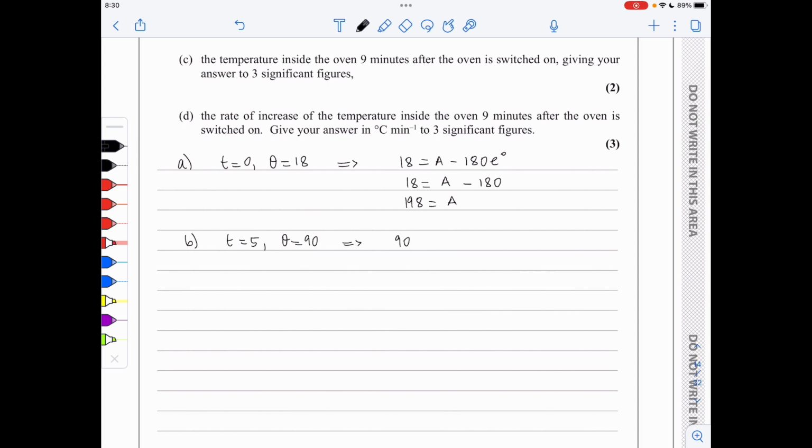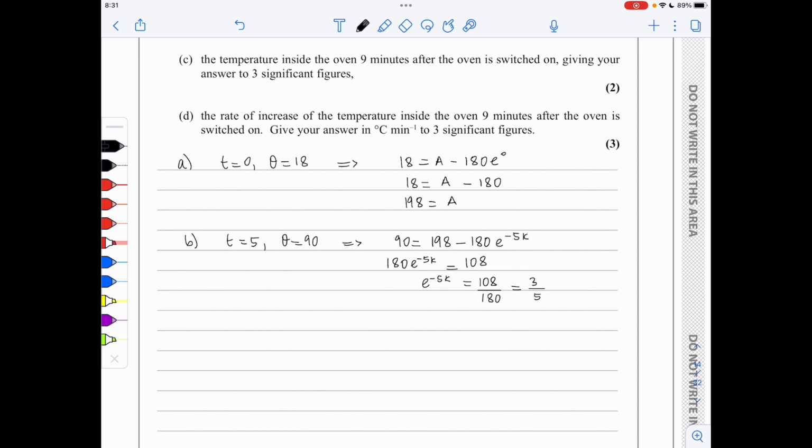So 90 is equal to the value of A, 198, minus 180 e to the minus 5k. So we can say that 180 e to the minus 5k is equal to 108, which means that e to the minus 5k is 108 over 180, and this simplifies to 3 over 5.